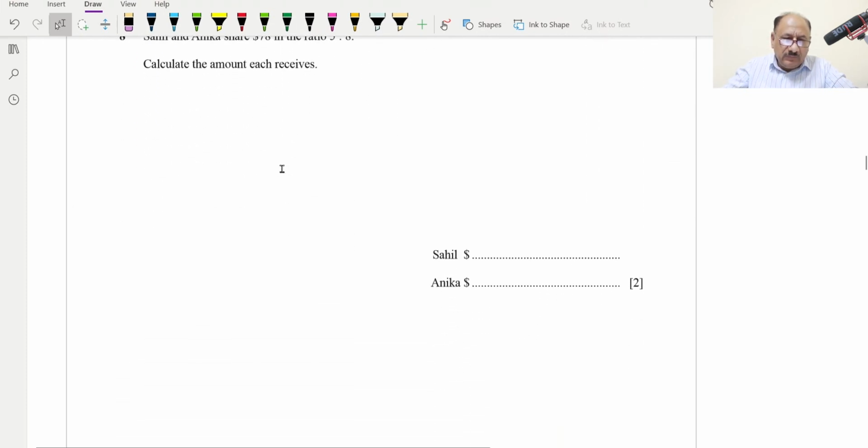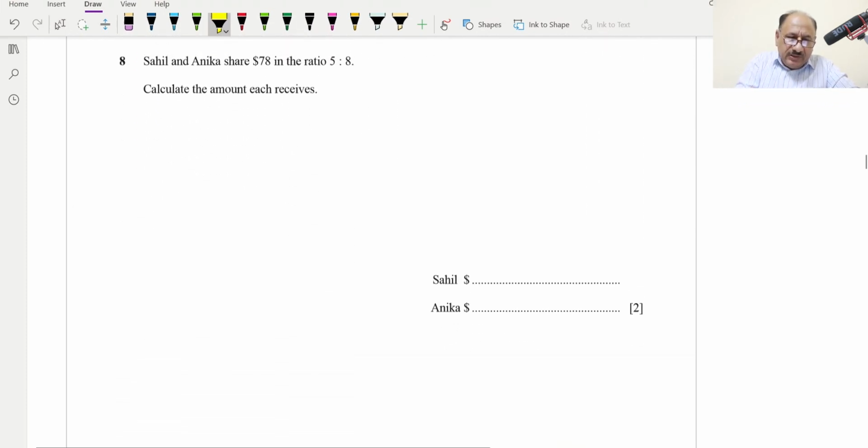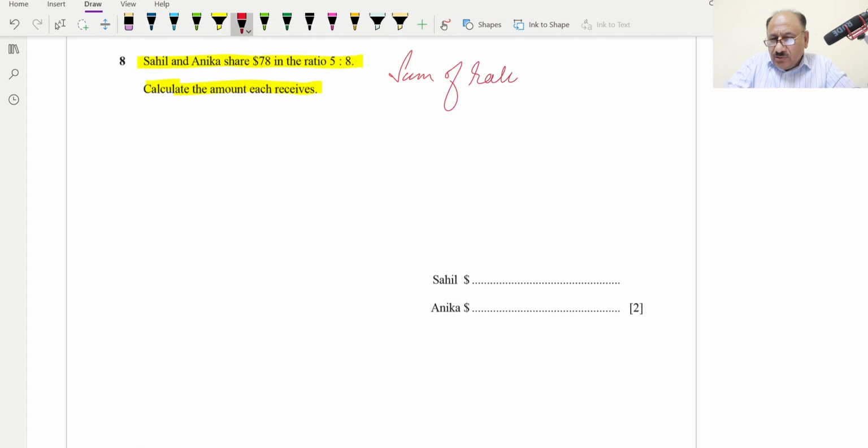Now question number 8 says Sahil and Anika share $78 in the ratio of 5:8. Calculate the amount each receives. So the sum of ratios will be equal to 5 plus 8, which is equal to 13.